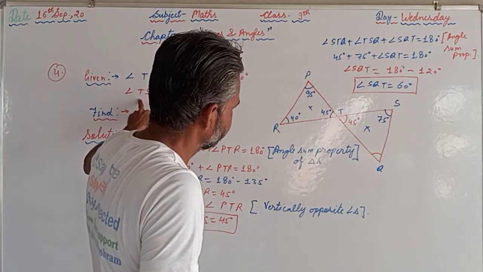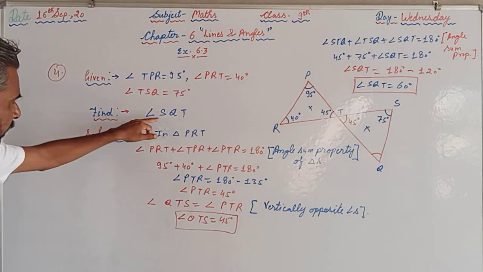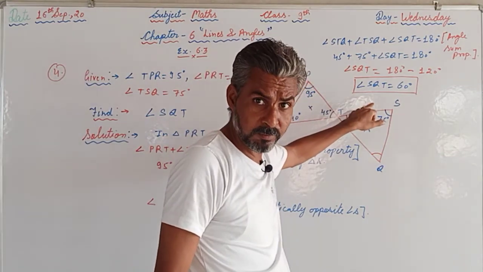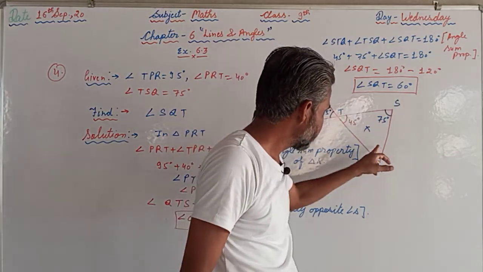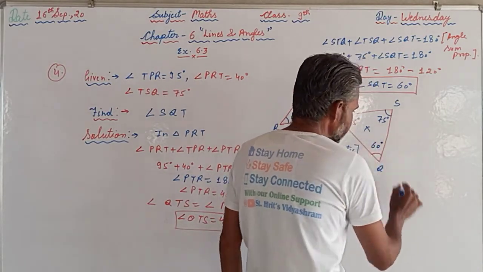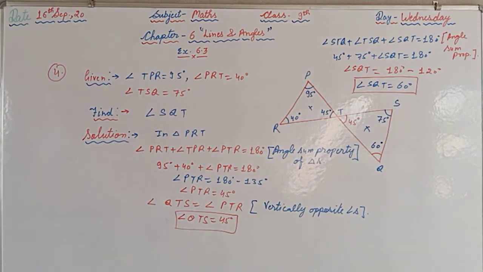We have to find the angle SQT, and we have already found out the angle SQT, that is 60 degree, and that is the answer of this question. So like this you are supposed to proceed the questions.